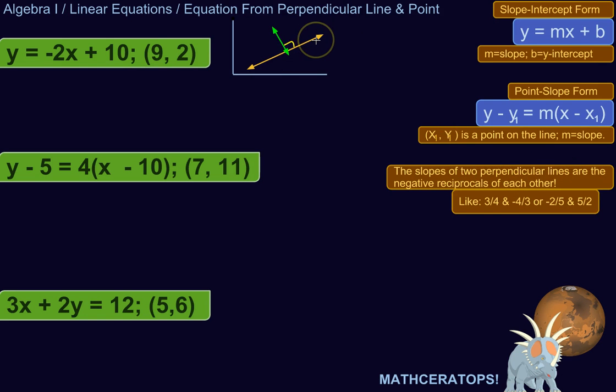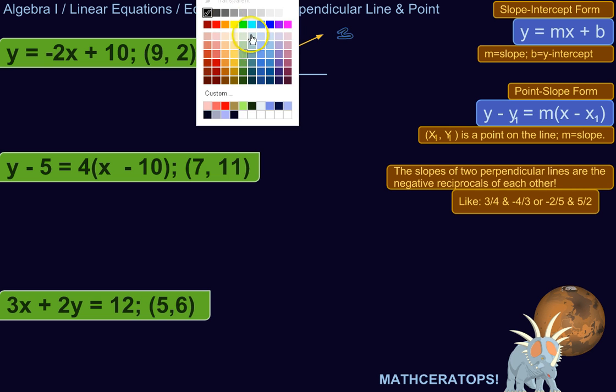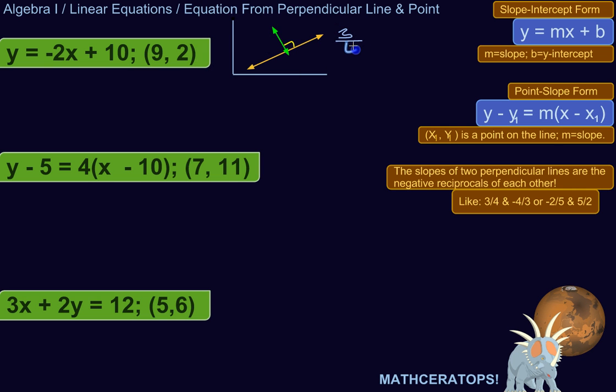So if the slope of this line is 3 over 4, I don't have anything labeled here, but it could be roughly 3 over 4, then the slope of this one would be, the reciprocal would be 4 over 3. You just flip it over, and then it's a negative reciprocal, so you flip the sign. So that was positive, so I'd make this negative.